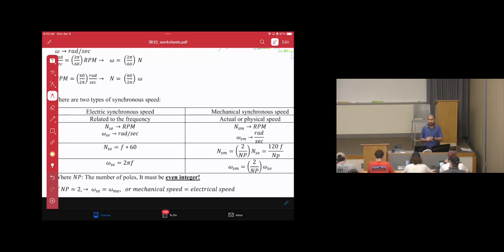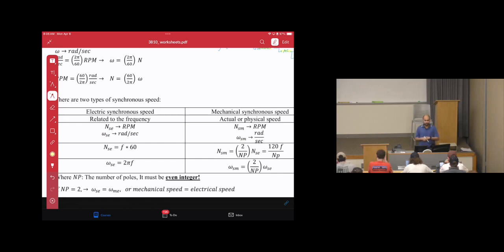So when there are more than 2 poles, we can get a slower physical speed to maintain a 60 hertz frequency. As we discussed last lecture, in order to get 60 hertz, we need 3,600 RPM. While if we have a 4-pole machine, we need 1,800. If we have 6-pole, 900, etc.